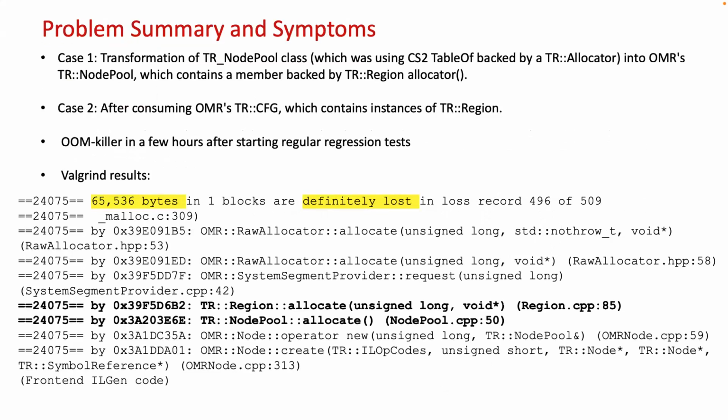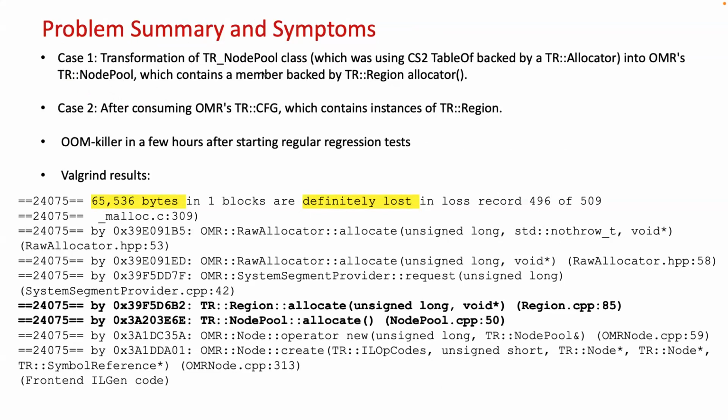We recently changed over from an older version of the NodePool, more or less as it once existed in the OMR project itself, and it still existed up till recently in our code base, and began using the NodePool that is found in OMR.